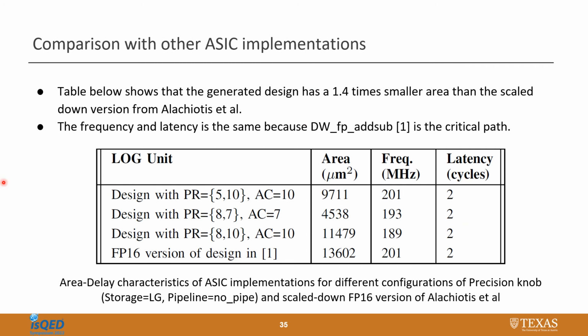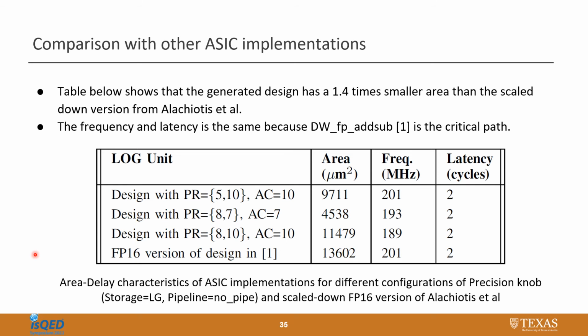Here, we compare the LogGen design for half precision with the scaled down architecture of the single precision natural logarithm unit from Alakiotis. The log unit architecture developed by Alakiotis was designed for single and double precision formats. Hence, the log unit was scaled down to half precision format using the same design blocks as our base LogGen unit.